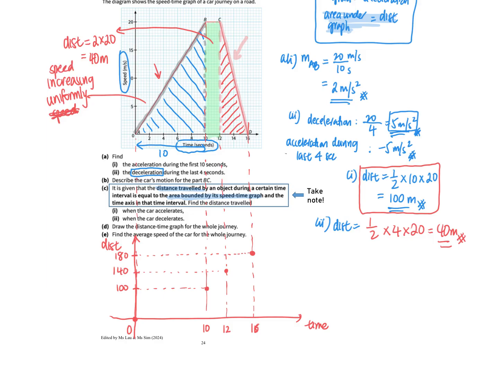So when we draw, you will draw that is increasing. It gets steeper and steeper. Oh no, this one is not uniformly, my bad. Speed increasing at an increasing rate.